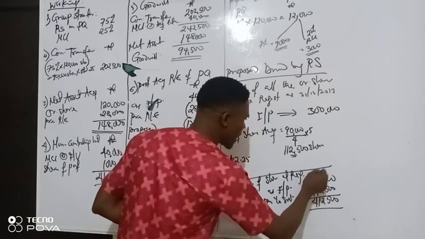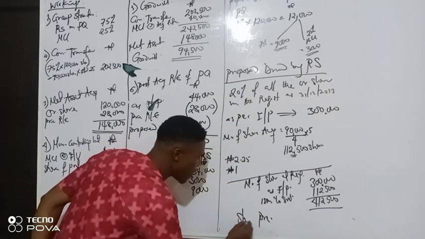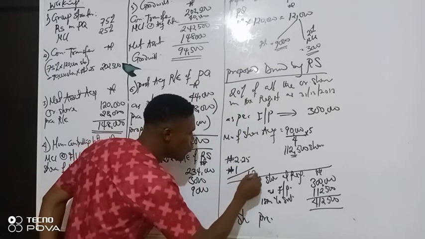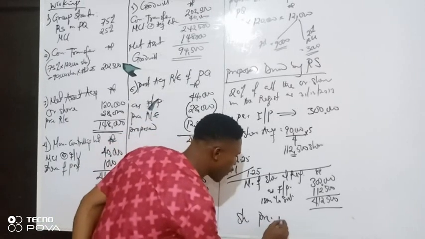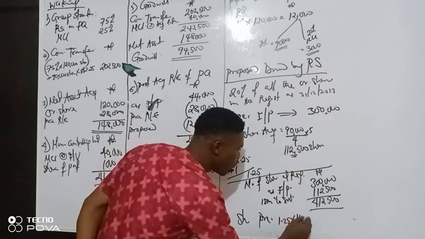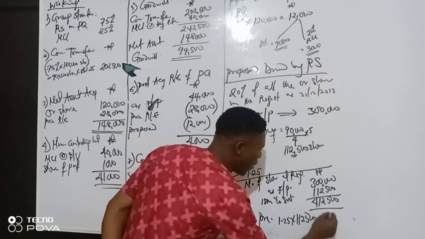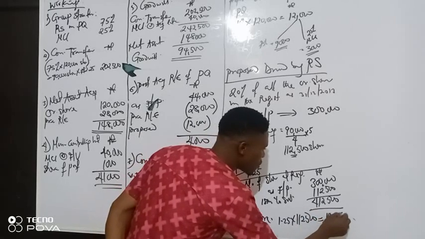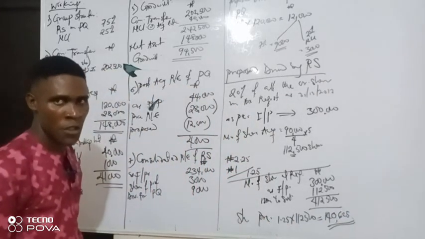This is the nominal value in naira. The share premium on it is 2.25 minus 1 naira, which is 1.25. So the premium is 1.25 multiplied by the number of shares, 112,500. That gives 140,625. That's our share premium.